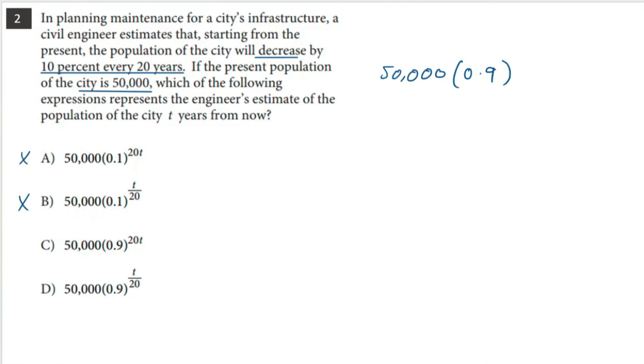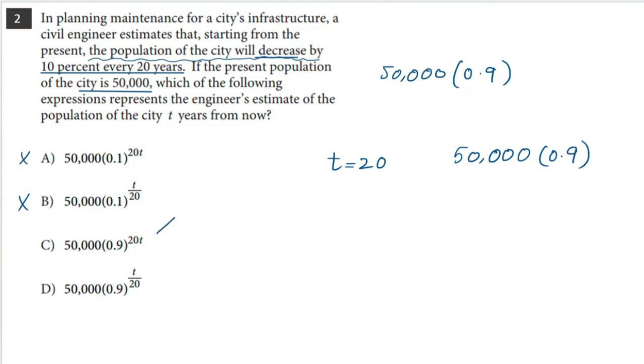Go back to the statement again. They say, read it from here, the population of the city will decrease by 10% every 20 years. So if I put t equals 20, the population should become 10% less. So this should be 0.9. So in which expression does this happen?